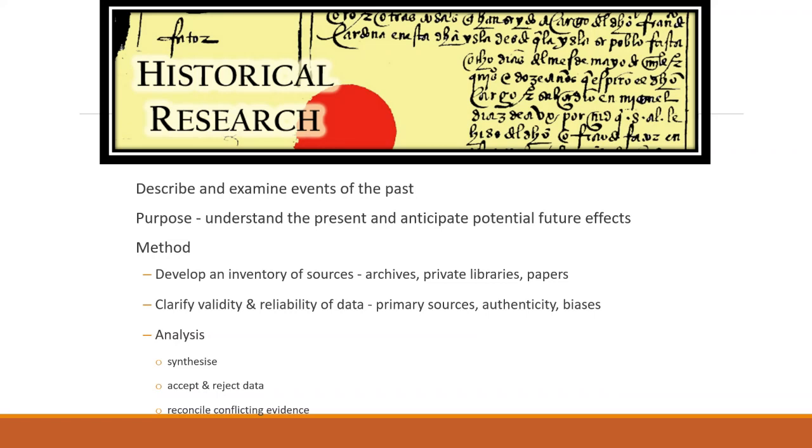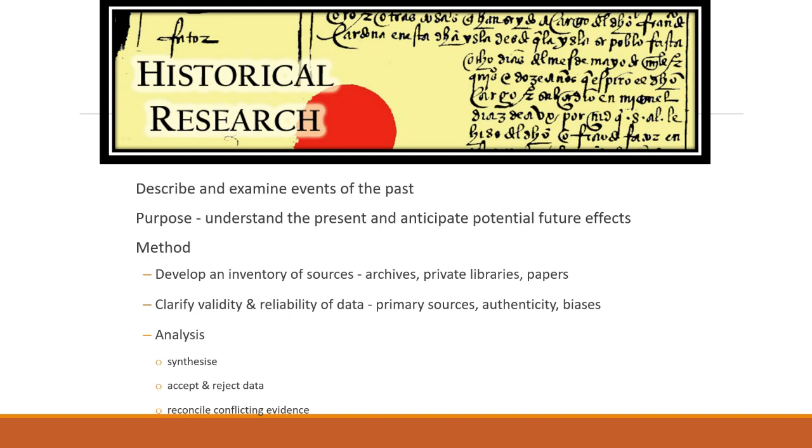So you synthesize in your analysis, you accept or you reject the data, obviously justifying your arguments and also justifying why you're rejecting the data. And then you also reconcile conflicting evidence. What evidence exists? And is this evidence aligned with each other, or is it conflicting?